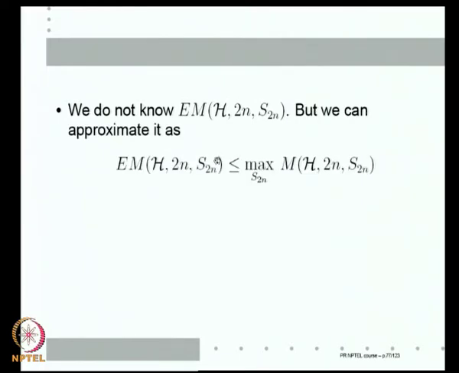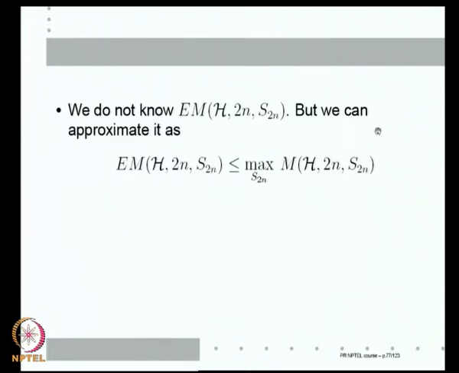But what we can do is bound the expectation itself by the maximum of m(H, 2n, S2n), where the maximum is taken over all possible samples S2n. The expectation of any random variable has to be less than or equal to the maximum value that random variable takes, and hence this expectation can always be bounded above by the maximum over S2n of m(H, 2n, S2n). I do not know at this point of time how to calculate this, but we will tell you later on that calculating this is not that difficult, right.